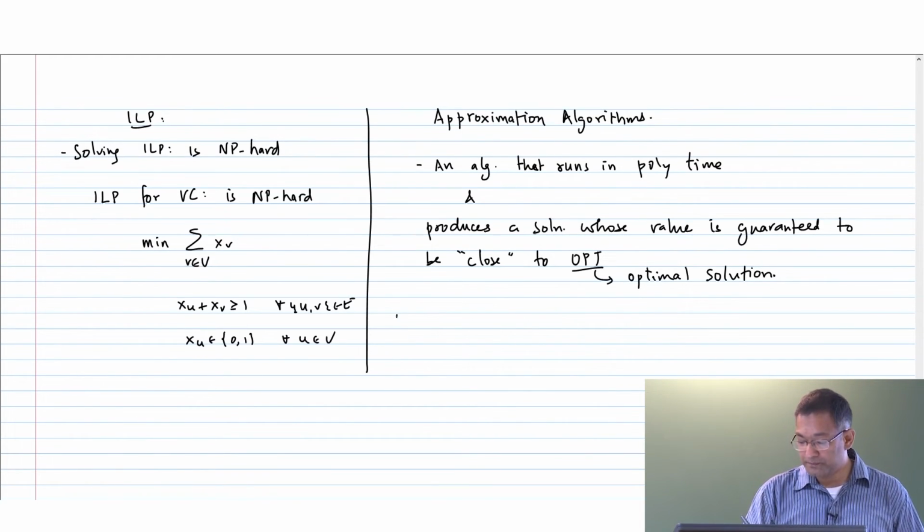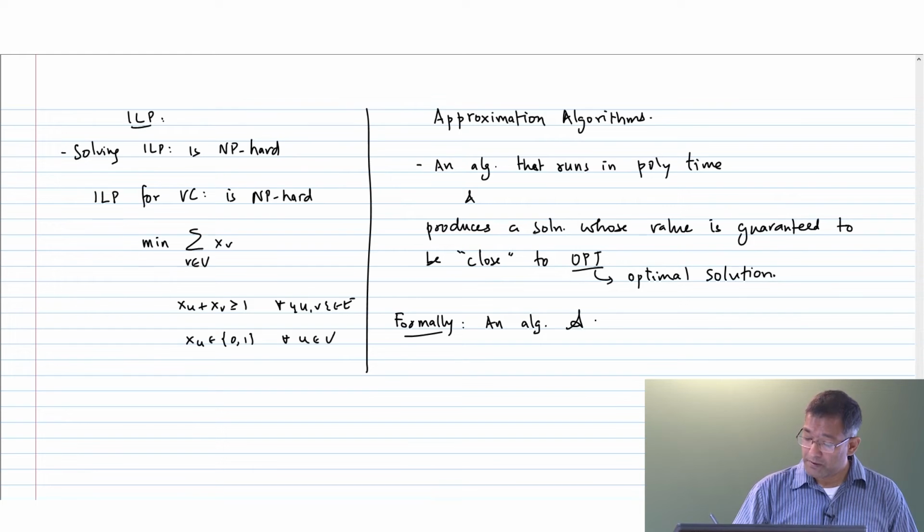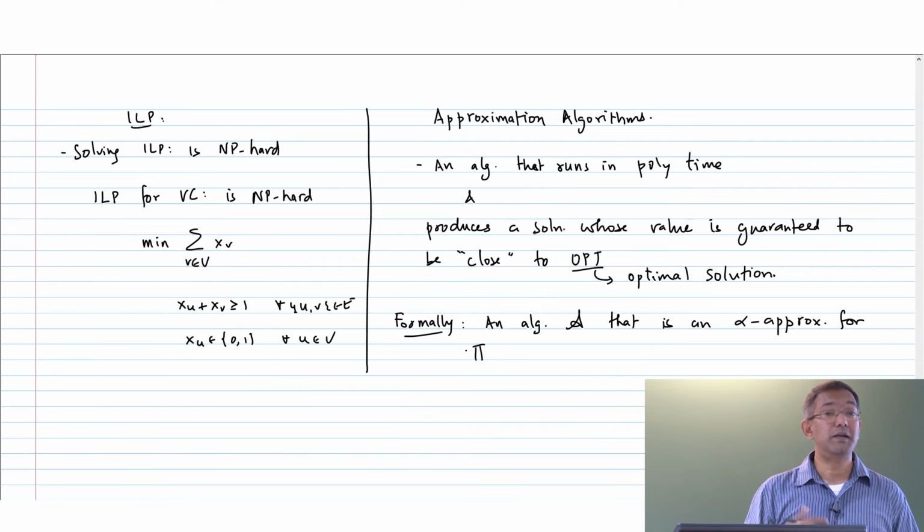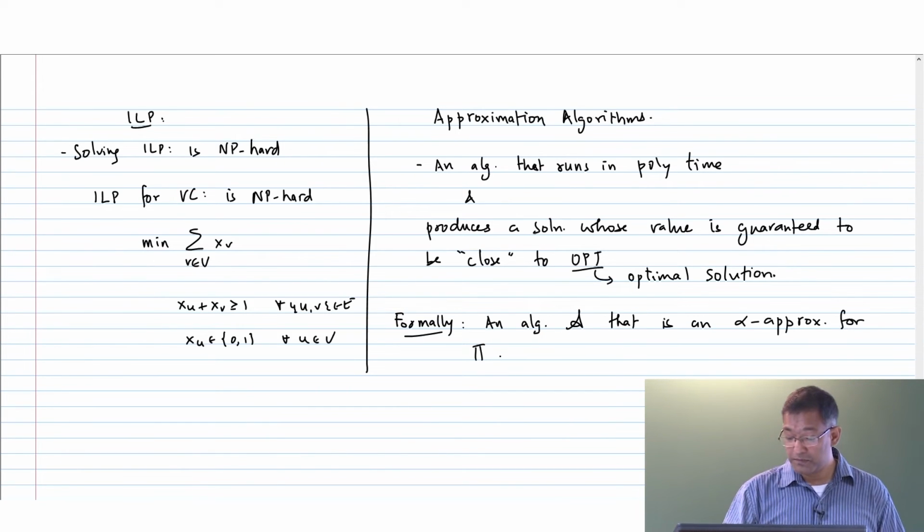So more formally, we want to design an algorithm A that is an alpha approximation for a problem pi. In this case, pi could be the vertex cover problem.